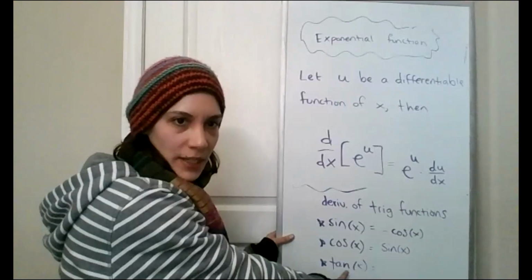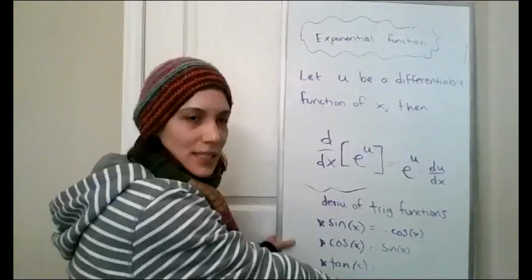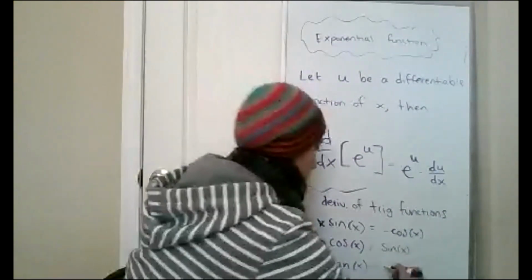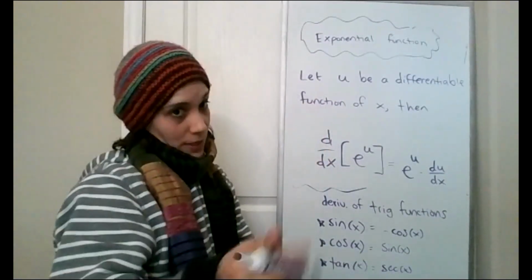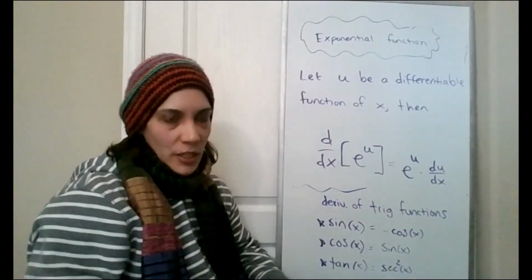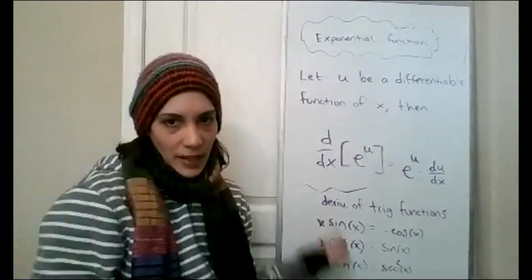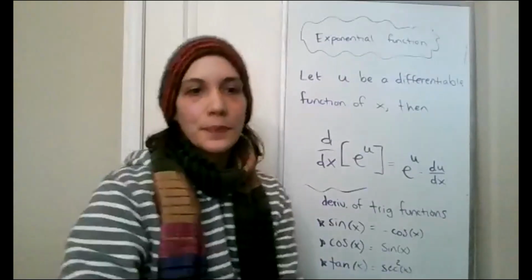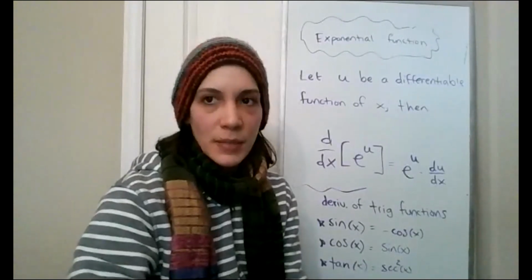Derivative of tangent of x is secant squared. That's what I thought. I think it's secant squared of x. If you had to, you can check your book. But when I was in this class, I felt like I had those memorized. Any other questions before I make up some examples?